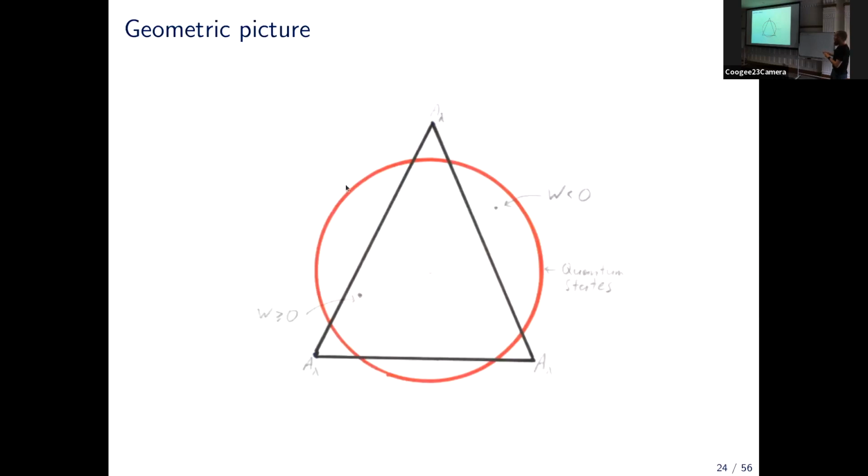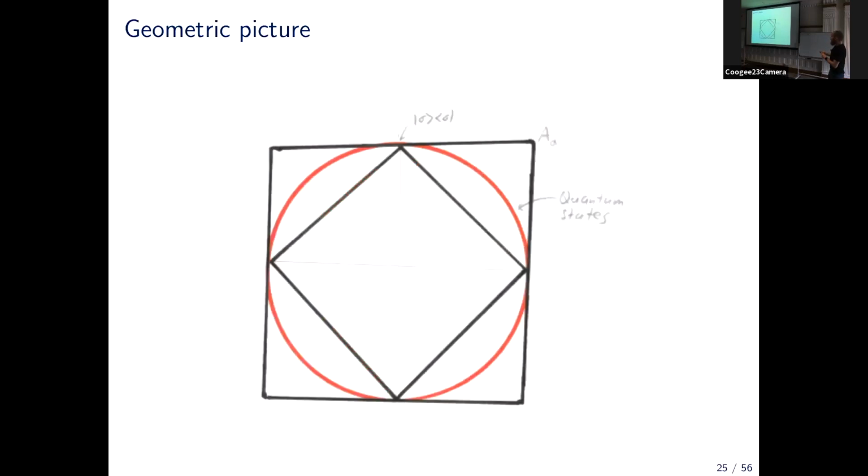The physical states inside this polytope, which is just the convex hull of the phase point operators, are the ones with non-negative Wigner function, non-negative representation. And the ones that are physical states, so still inside the red shape, but outside of the polytope, require some negativity.